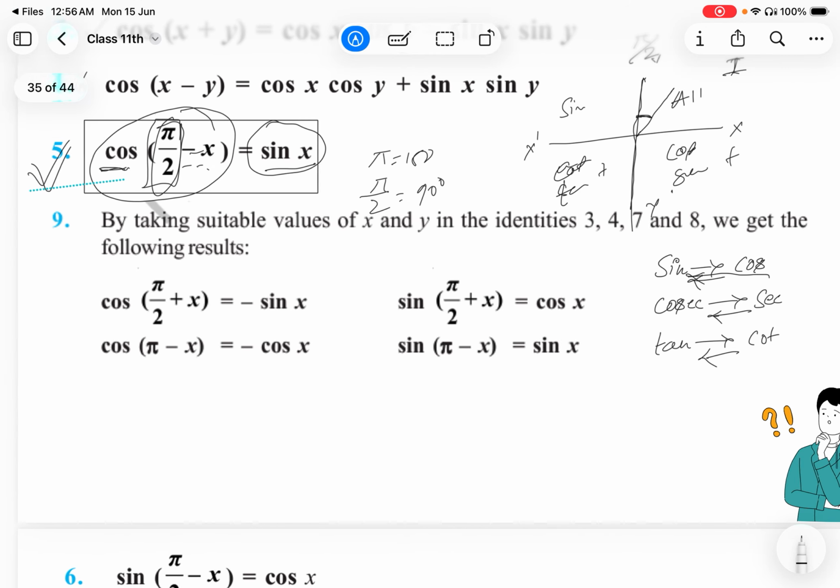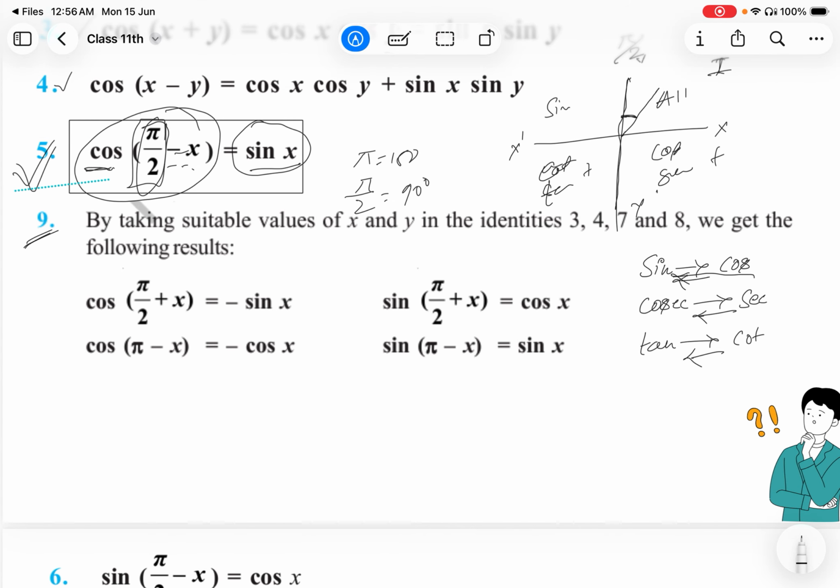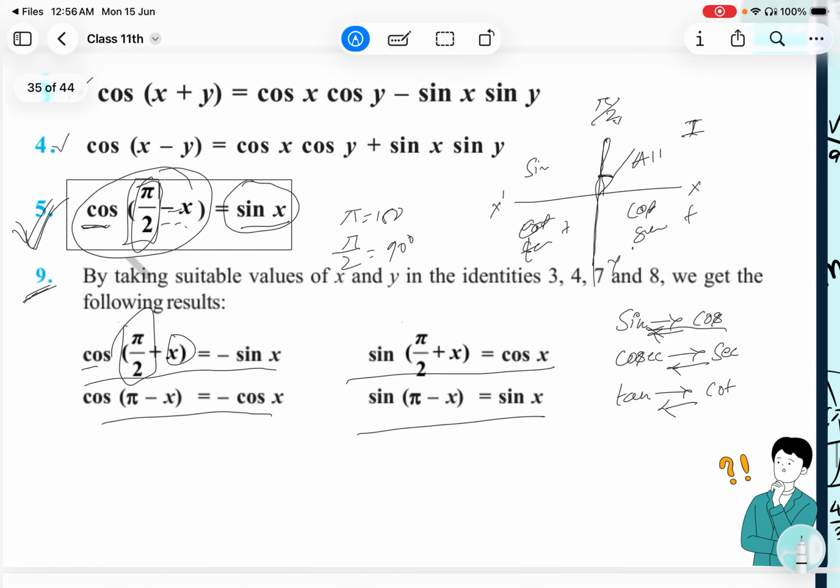Now we have the ninth function, with a different function on the same logic as in function 5. Take cos(pi/2 + x). This is pi/2, so pi/2 plus x means there will be an angle with respect to this y-axis, and in this second quadrant only sine and cosec are positive.